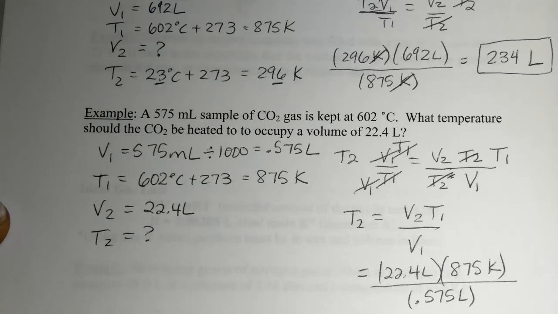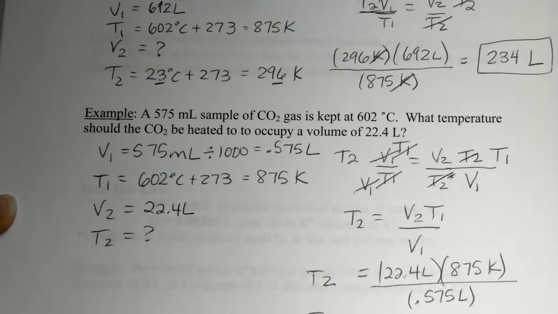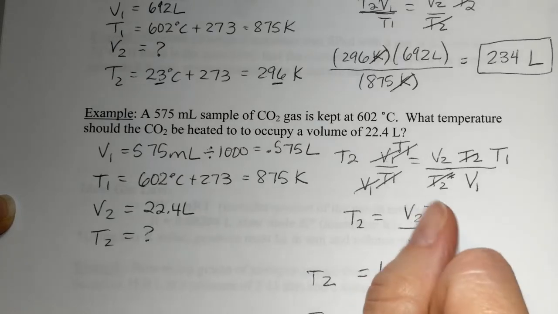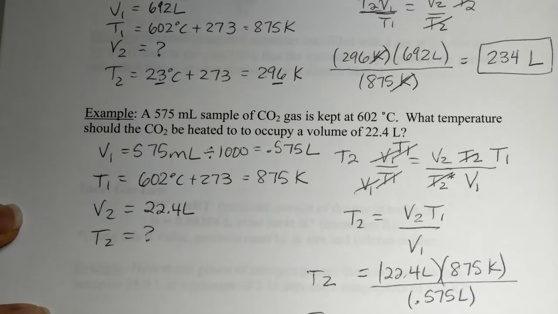All right, and what I get here for T2 is a very large number, 34,100 Kelvin if I keep 3 significant figures. So I had my initial volume of 0.575 and my initial temperature in Kelvin of 875.